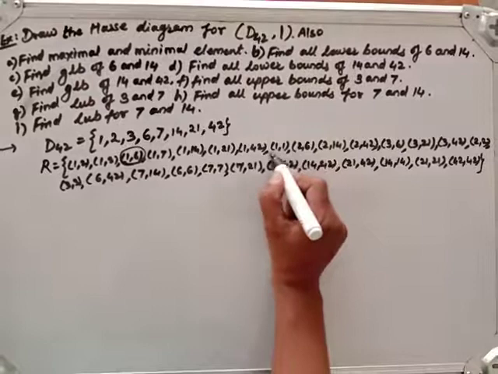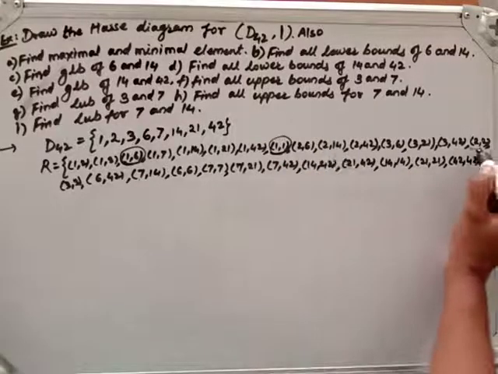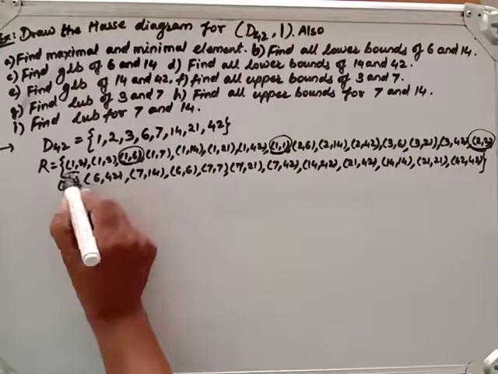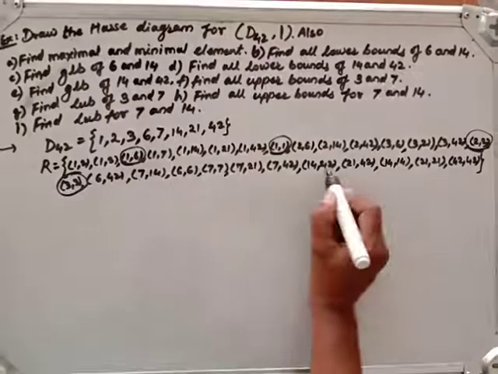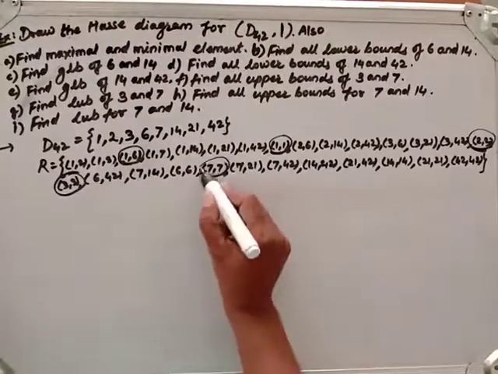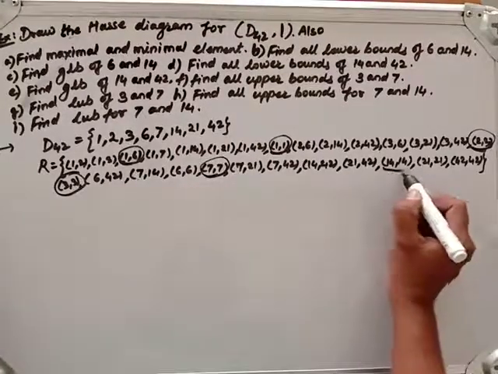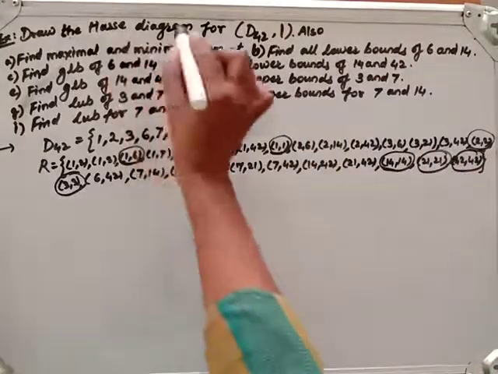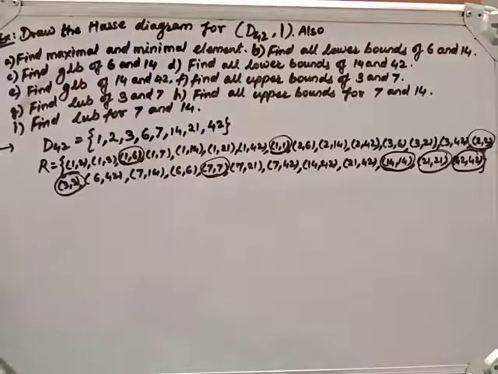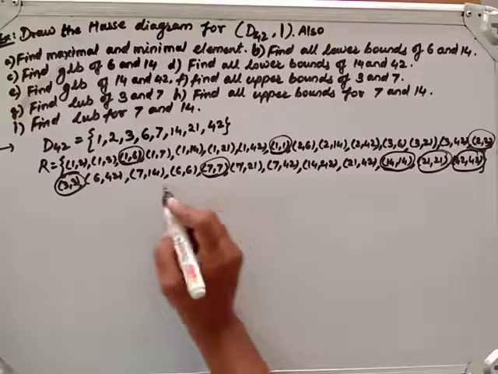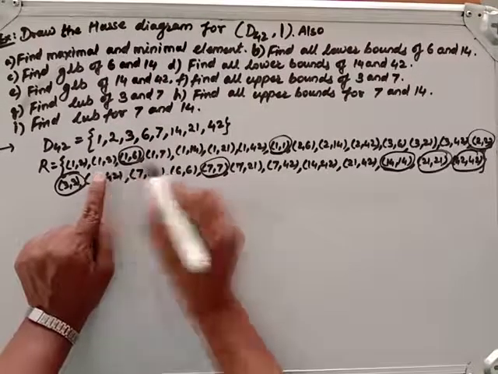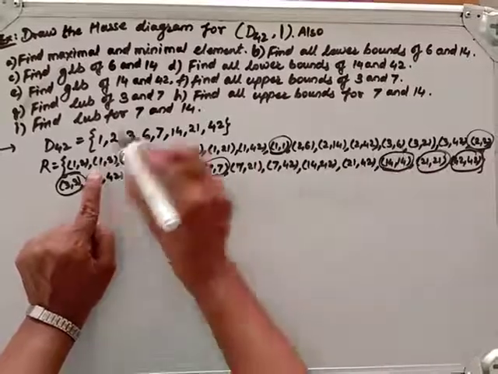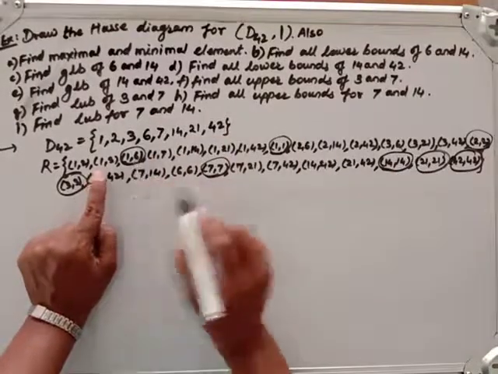Again, these reflexive pairs we won't use. I have written them for your understanding, but we are not using them in the Hasse diagram, the diagram for a poset. Now again 1 related to 3, 3 related to 6, so 1 related to 6 is the same pair. We remove it.